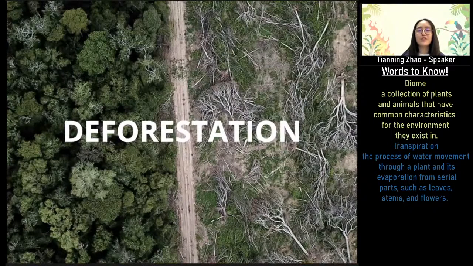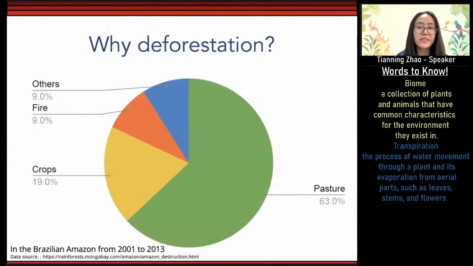So talking about deforestation, this is a process where trees are permanently removed to make room for something other than forest. Given all the benefits we talked about in the first part, you will probably wonder, why are we having this problem? Why would people go and deforest those areas? Here is a pie chart that summarizes the major drivers of deforestation in the Brazilian Amazon from 2001 to 2013.